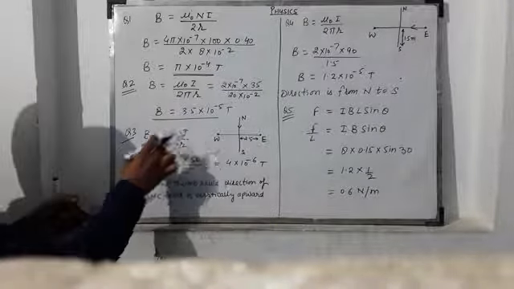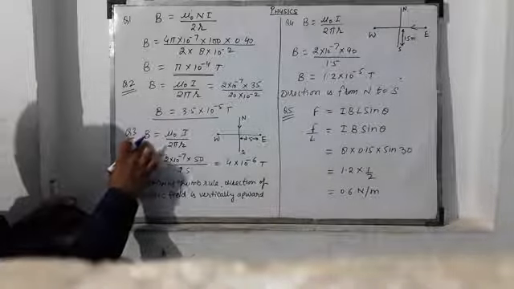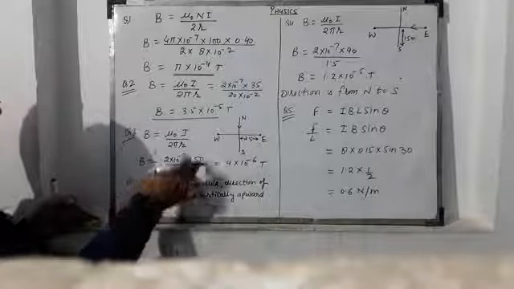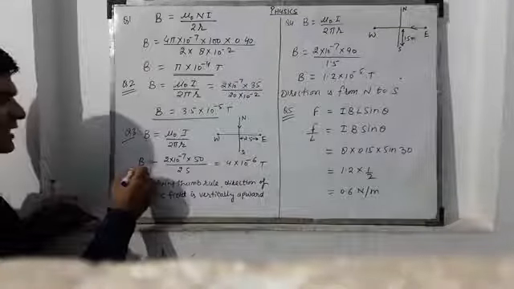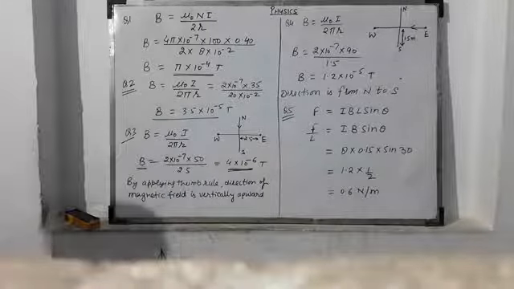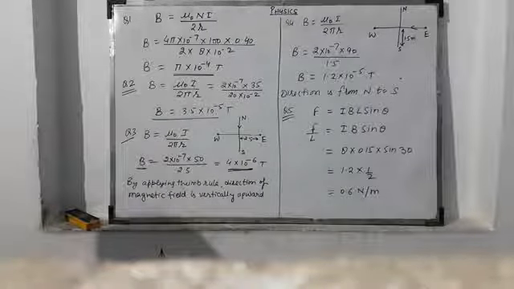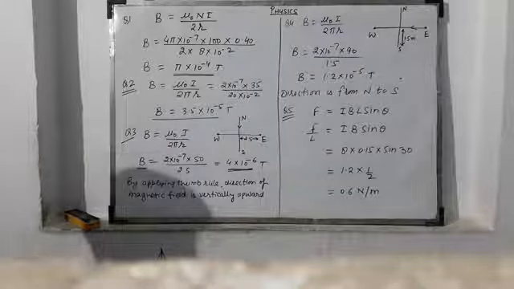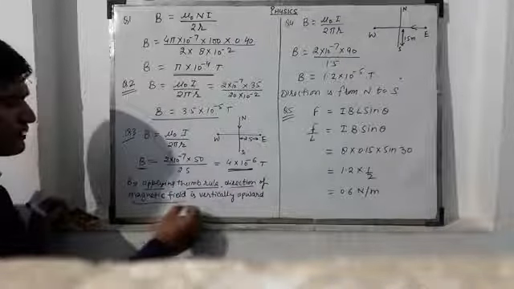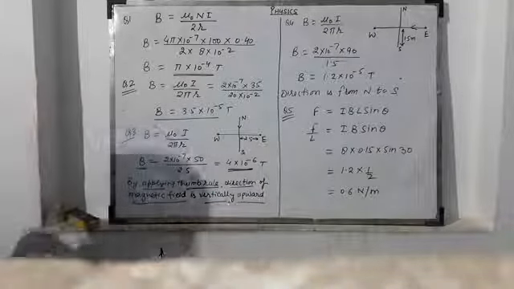Then we use the formula for a straight wire, B is equal to mu naught I upon 2 pi R. By putting in the values we get magnetic field 4 into 10 to the power minus 6 Tesla. Now the question asks about the direction of the magnetic field. By applying the thumb rule, the direction of magnetic field is vertically upward.